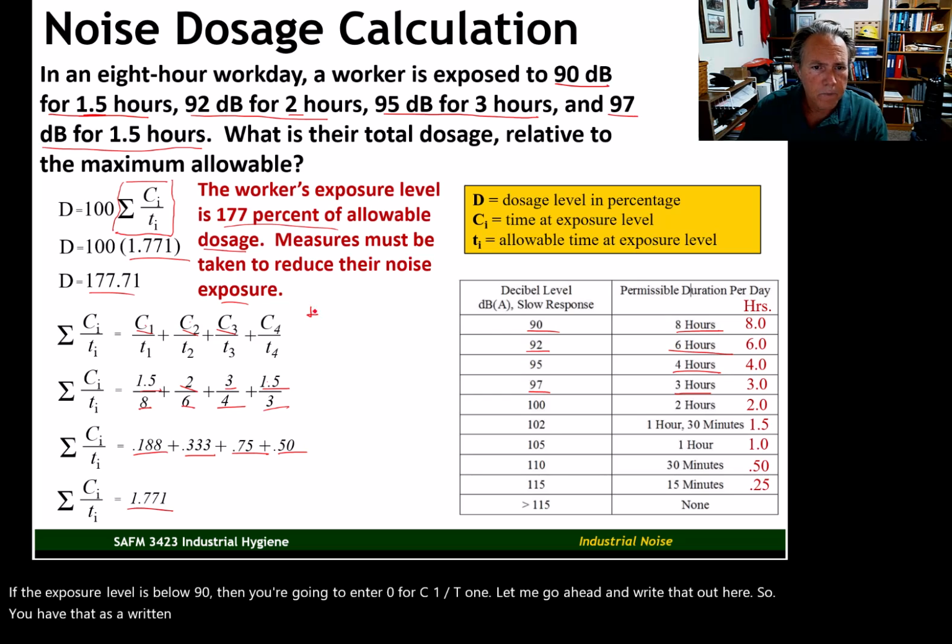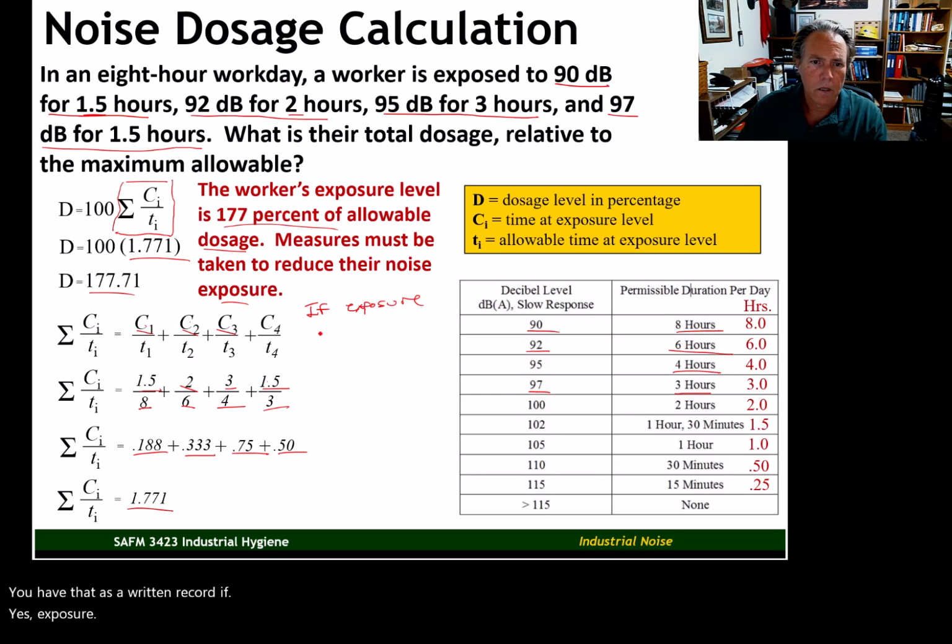If exposure level less than 90, then C over T is going to be 0.